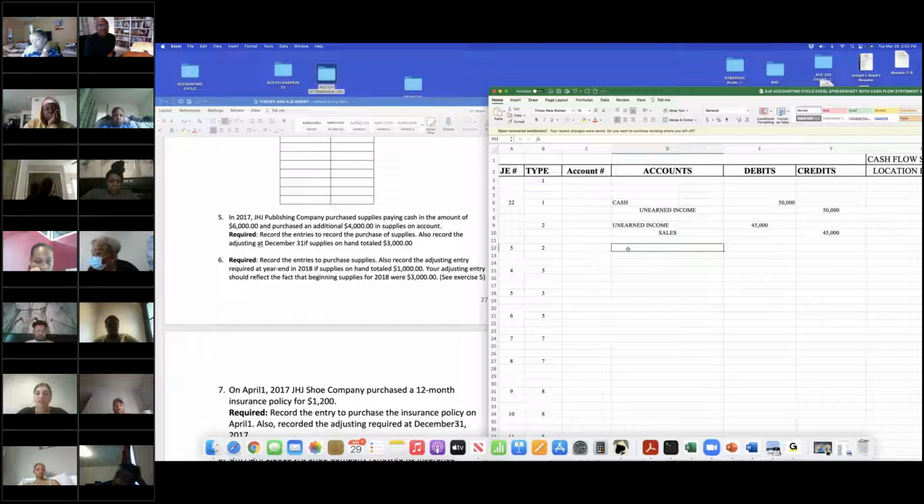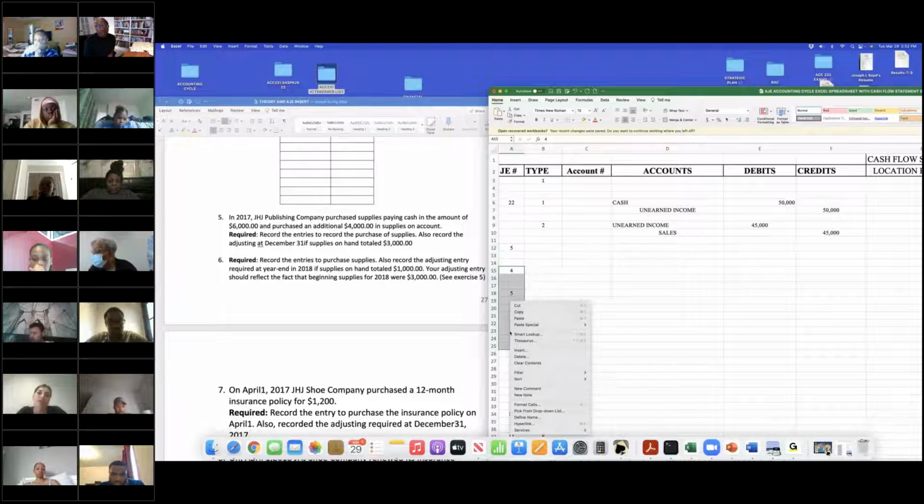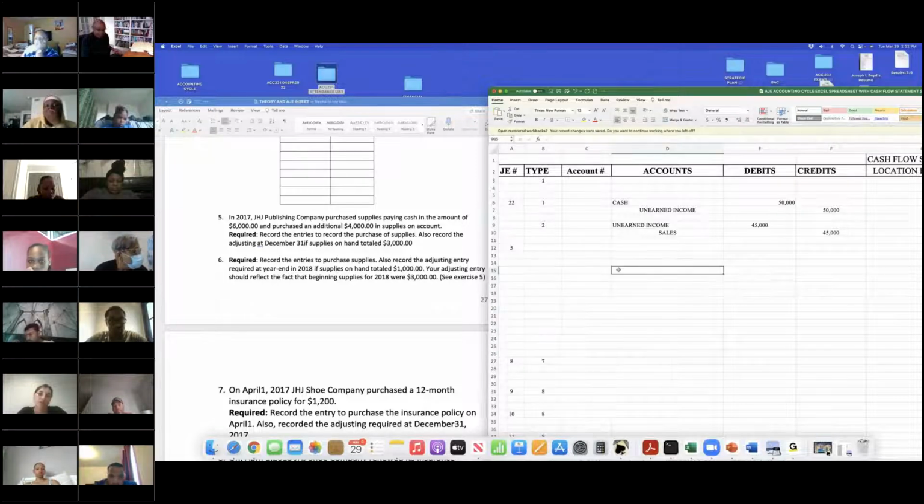Also record the adjusting entry at December 31st if supplies on hand totaled $3,000. So in the preceding entry in 2017, April 1st, I put supplies at 130 for debits and cash for 100 at 6,000 for credits.